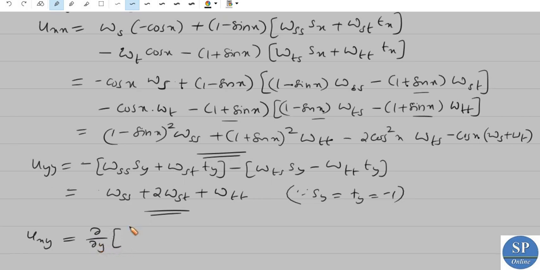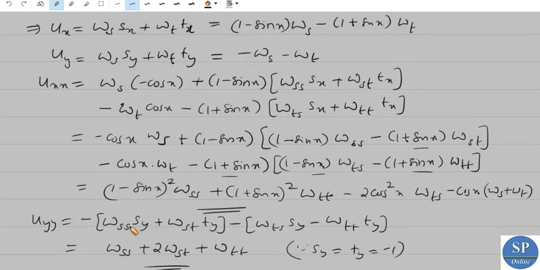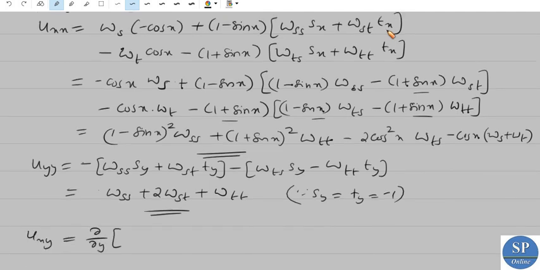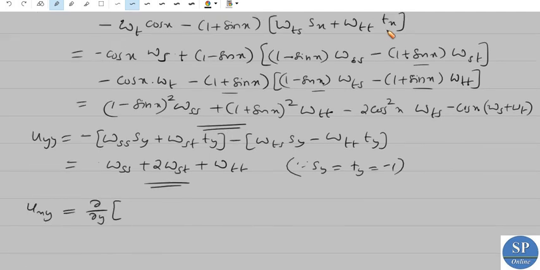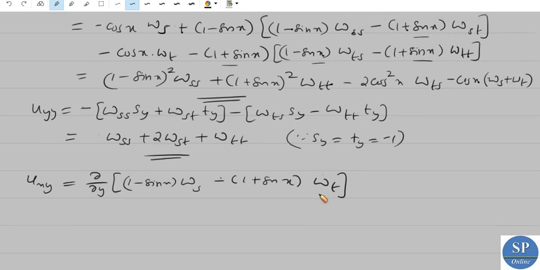dou by dou y of ux. Ux was this ws into sx, so this is 1 minus sin x into ws minus 1 plus sin x into wt. So we have to differentiate this with respect to y.